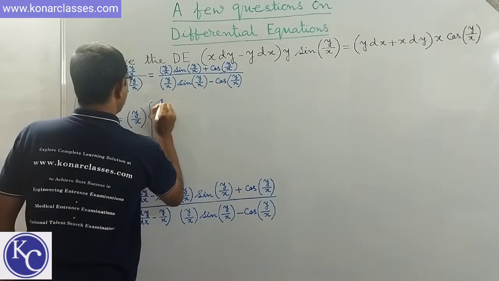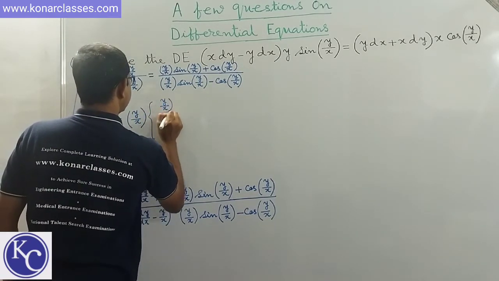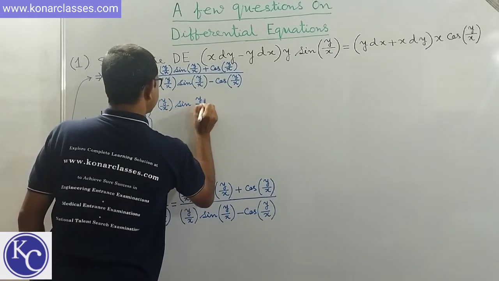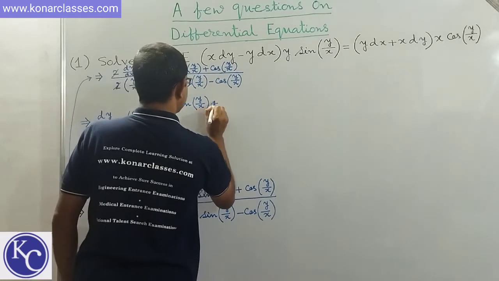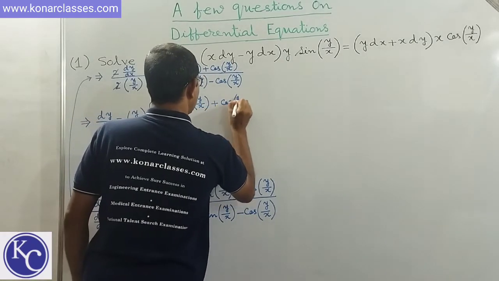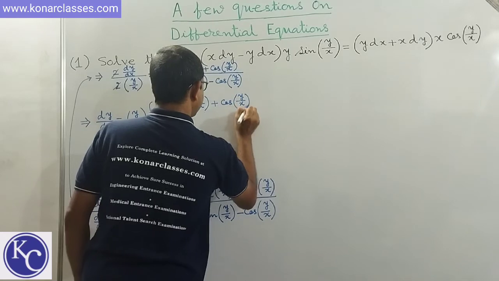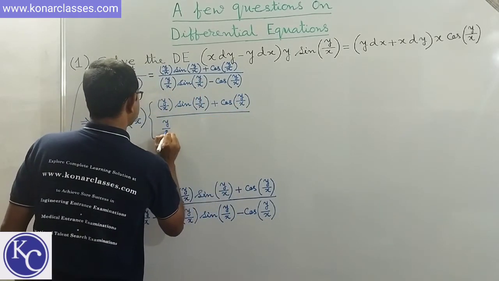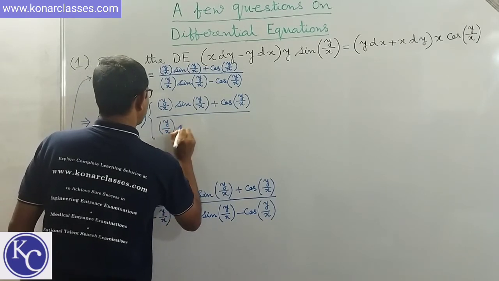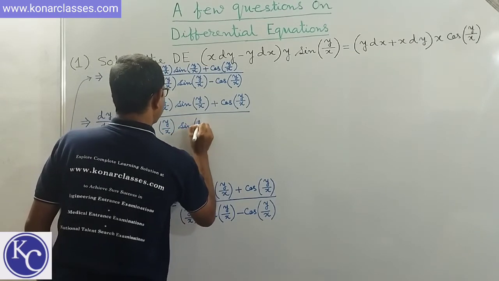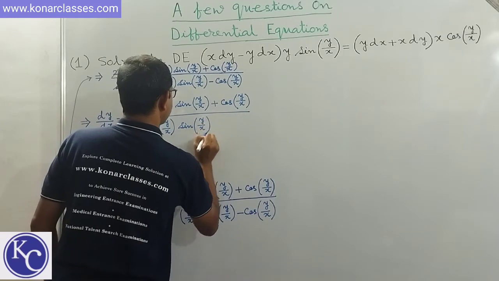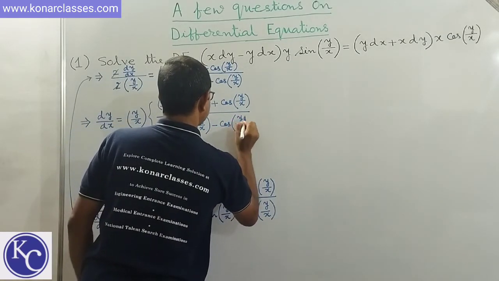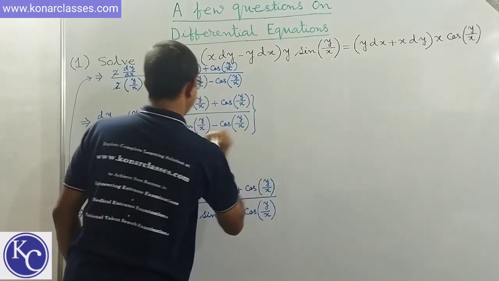We get y/x into sin y/x plus cos y/x divided by y/x into sin y/x minus cos y/x, correct, dear students?